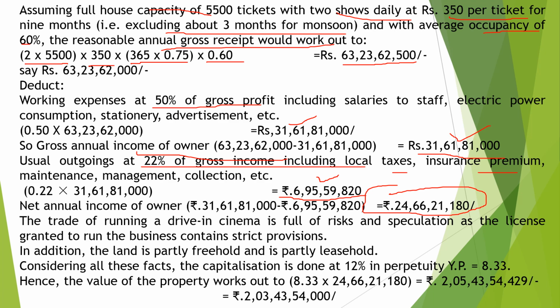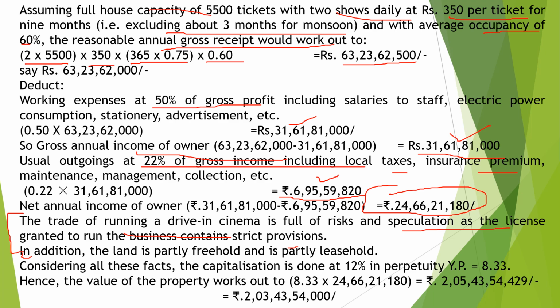The trade of running a drive-in cinema is full of risk and speculation, as the license granted to run the business contains strict provisions. In addition, the land is partially freehold and partially leasehold. So you consider these two factors to decide how much percent you can choose for calculating the YP.